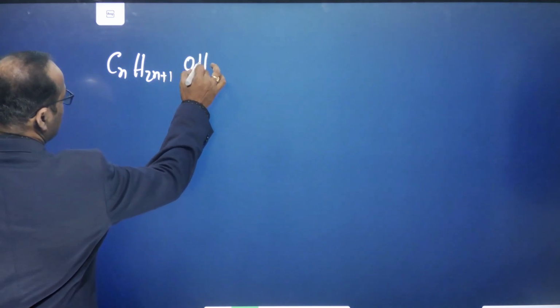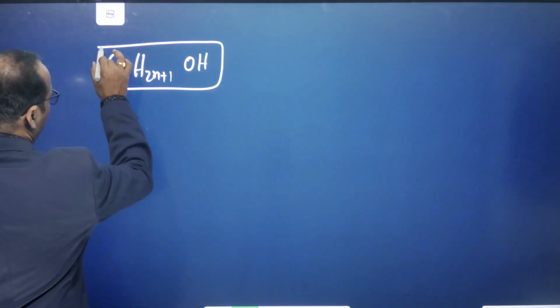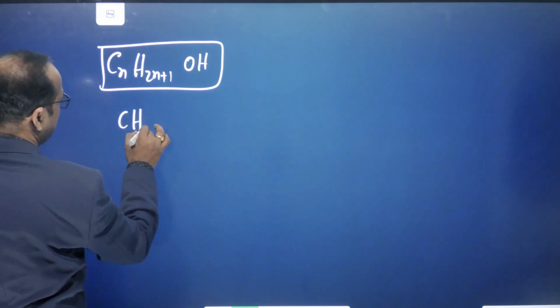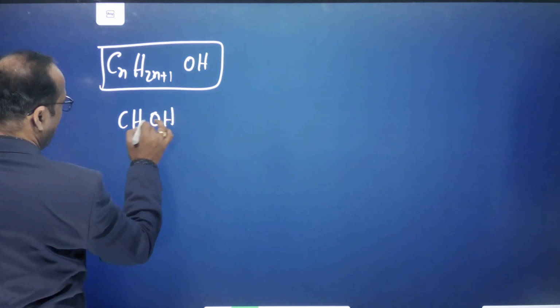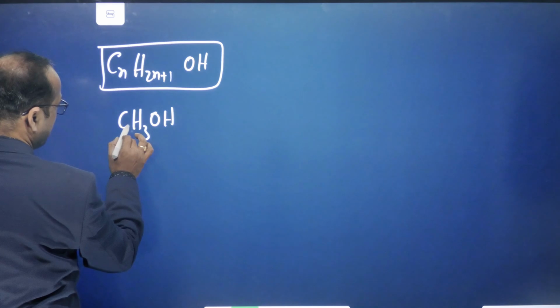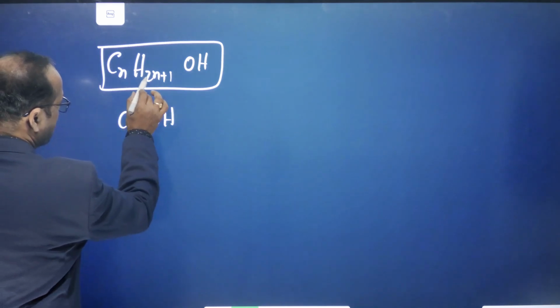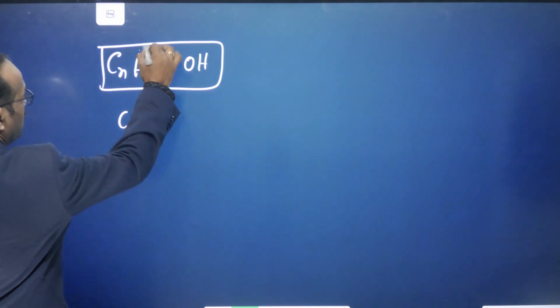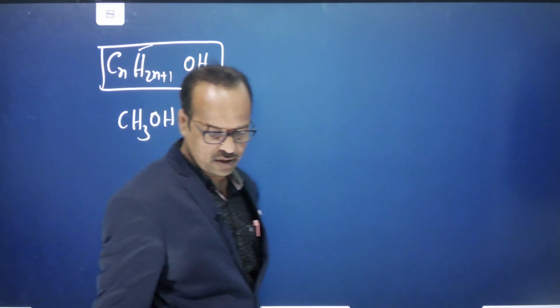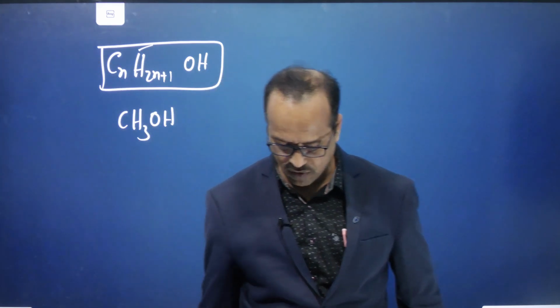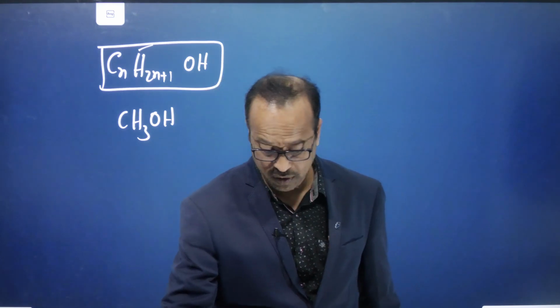So the general formula of alcohol is CnH2n+1 OH. The first option is the right answer.